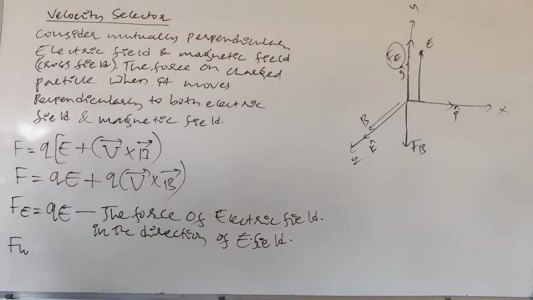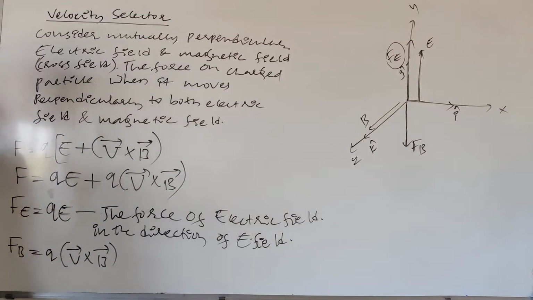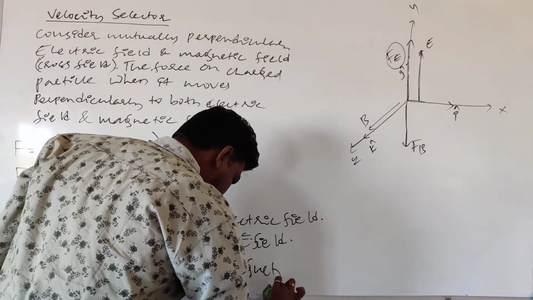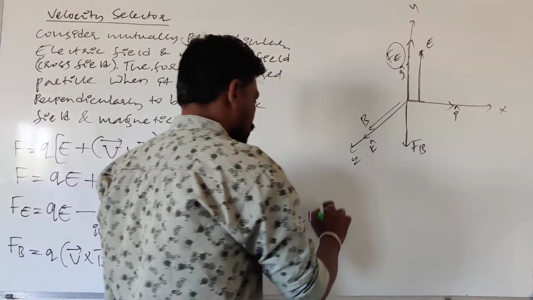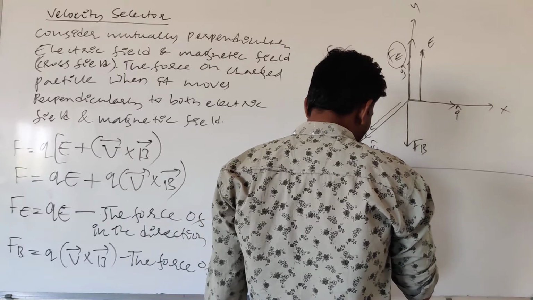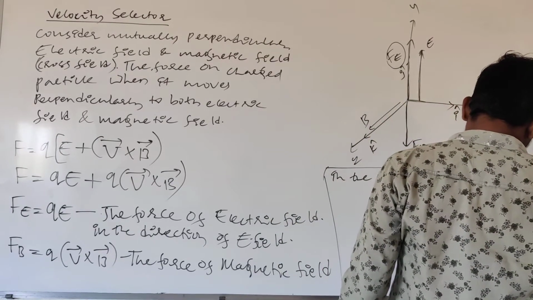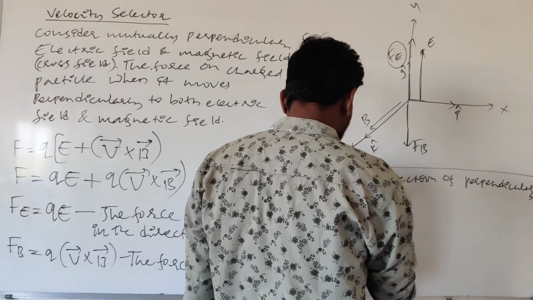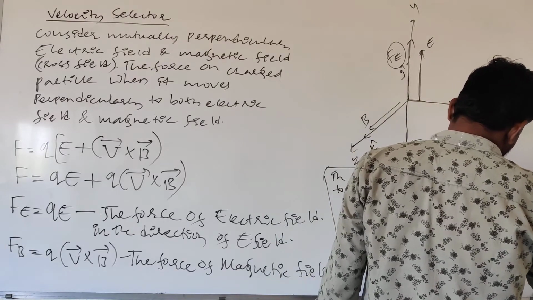So next one here, FB is equal to QV cross B. The force of magnetic field is in the direction perpendicular to the magnetic field and velocity, right.